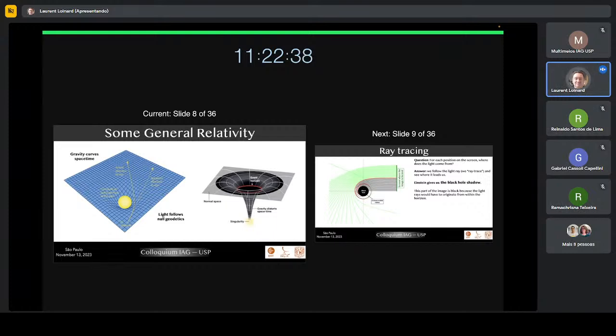And the singularity will create what's called an event horizon, that is a region of space which becomes decoupled from the rest of the universe, and this region is called a horizon. So this is just a very, very brief summary of general relativity.